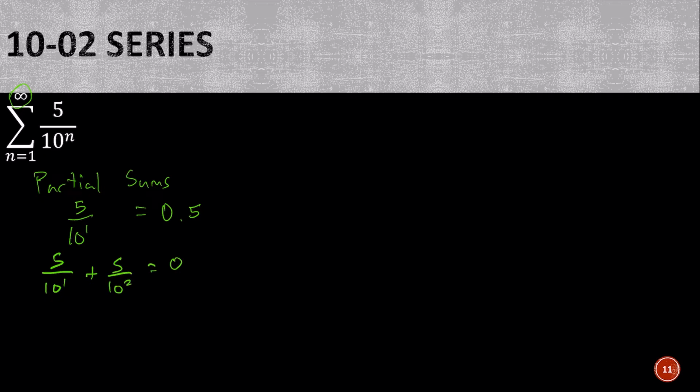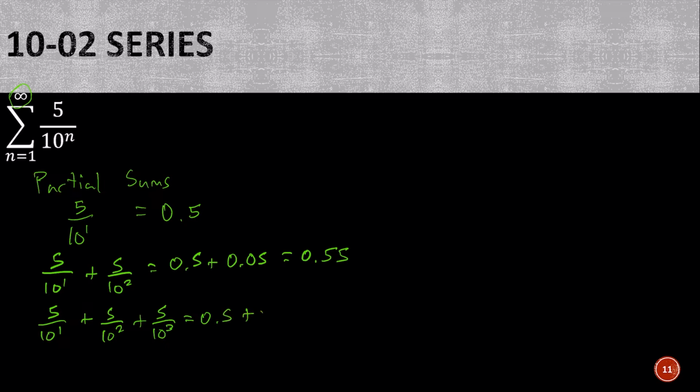And that gives me 0.5 plus 0.05, which is 0.55. And then maybe we could plug in a 1 and a 2 and a 3, which is 0.5 plus 0.05 plus 0.005, which gives you 0.555.